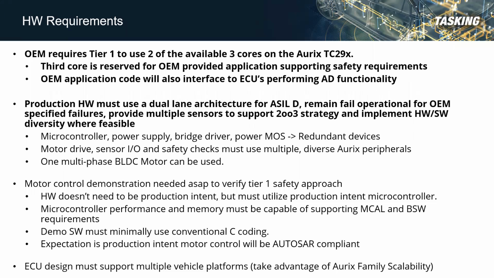In addition, the OEM is requiring that the hardware use a dual lane architecture approach. In the previous slide, I showed a top-level block diagram of a standard EPU or EPS type system. If you look at a dual lane architecture, basically take that exact same picture and put it next to the other core, and then that's what a dual lane architecture would mean.